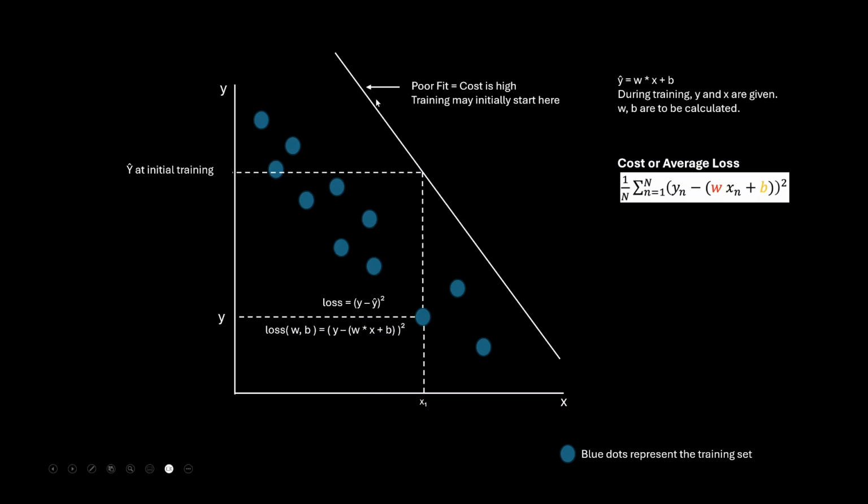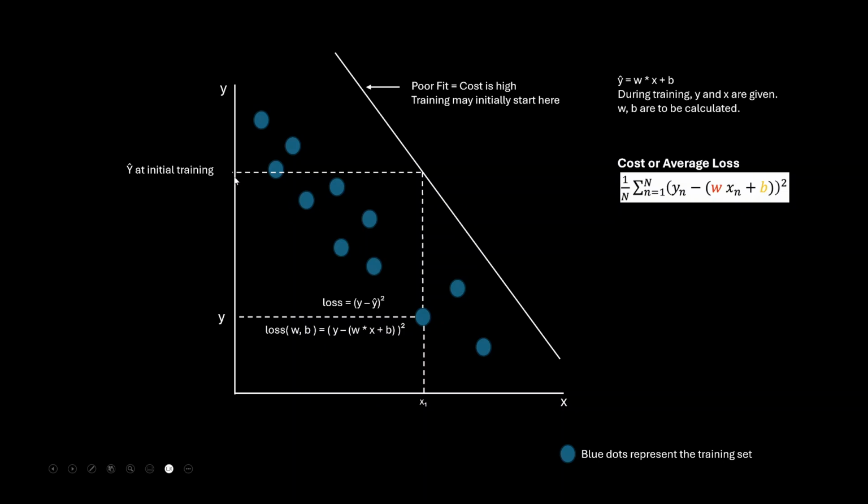But according to the initial line that has the specific weight and the bias that we selected initially, this line says the coordinate for this data point is really y hat at initial training. And again, this line can be anywhere in two-dimensional space.